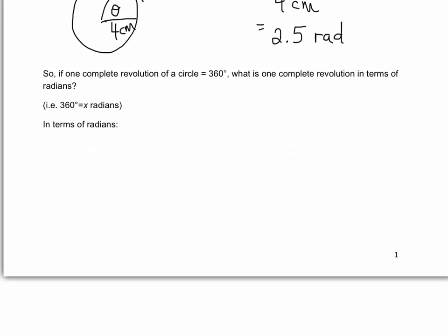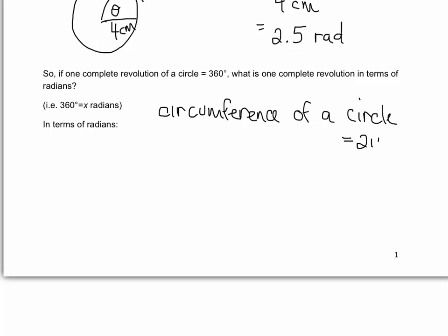So if one complete revolution of a circle is 360 degrees, what is one complete revolution in terms of radians? In terms of radians, what we need to recall is that the circumference of a circle is given by the formula 2 pi r.